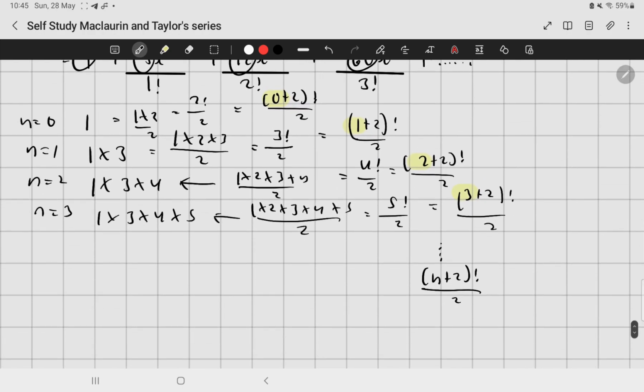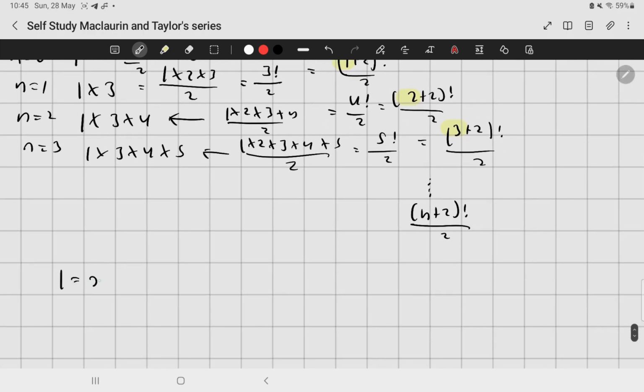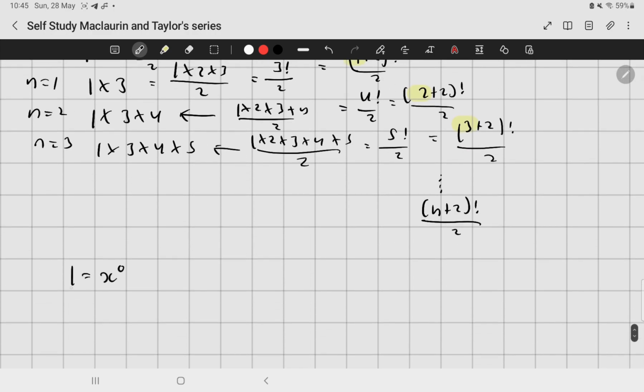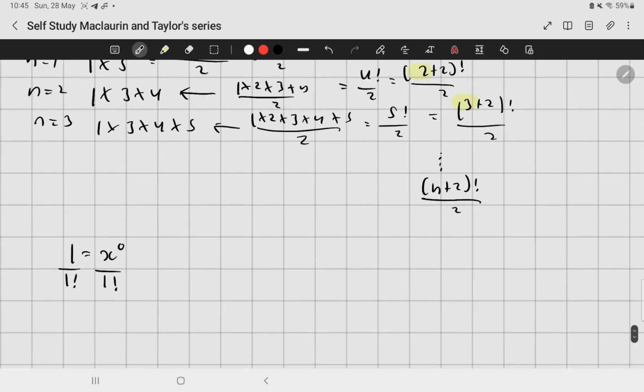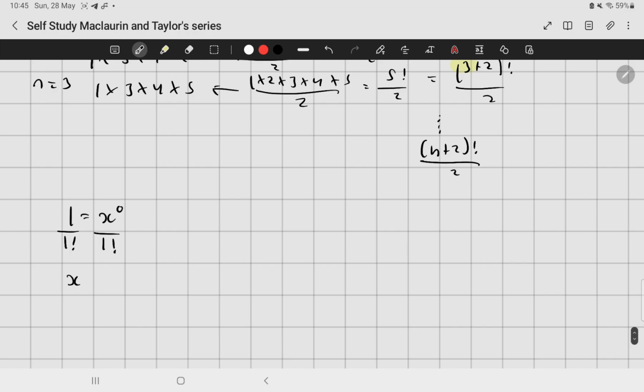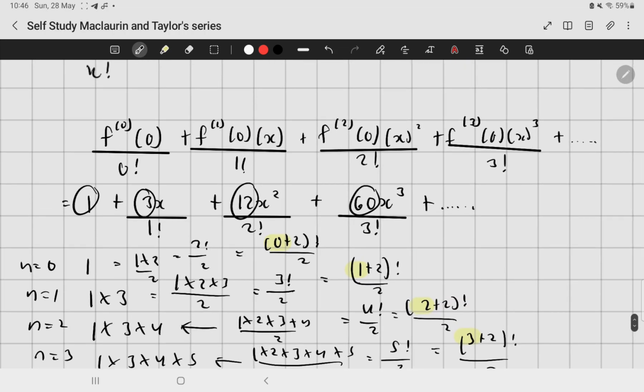For x, we know it begins with 1, which is x to the power of 0 over 0 factorial. Then x to the power of 1 over 1 factorial, and then x squared over 2 factorial, for when n is equal to 2.